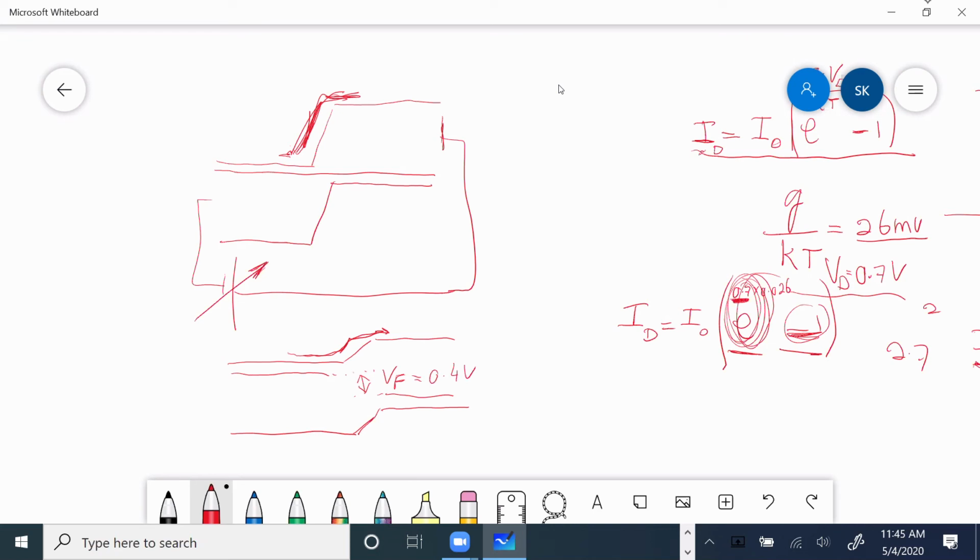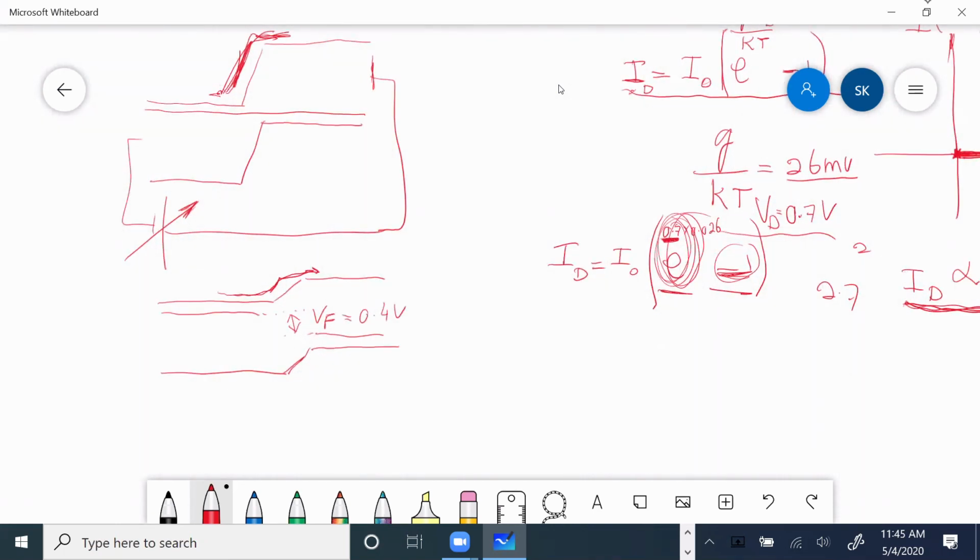When I apply even higher, the forward voltage VF is about 0.7 volt.